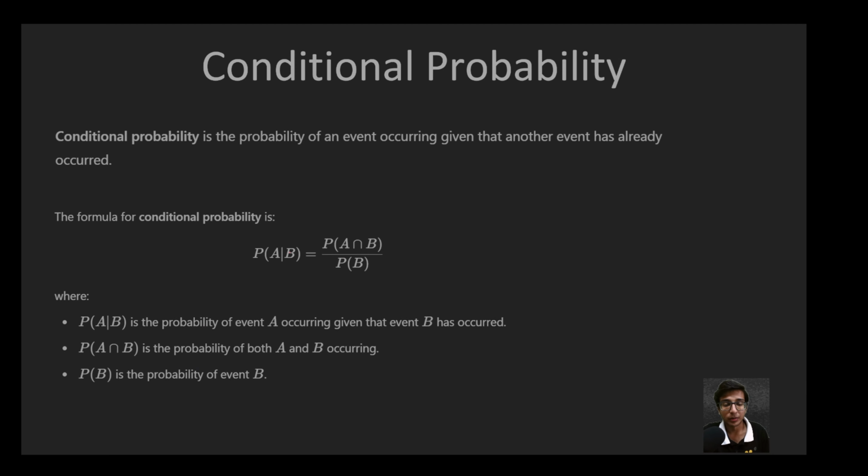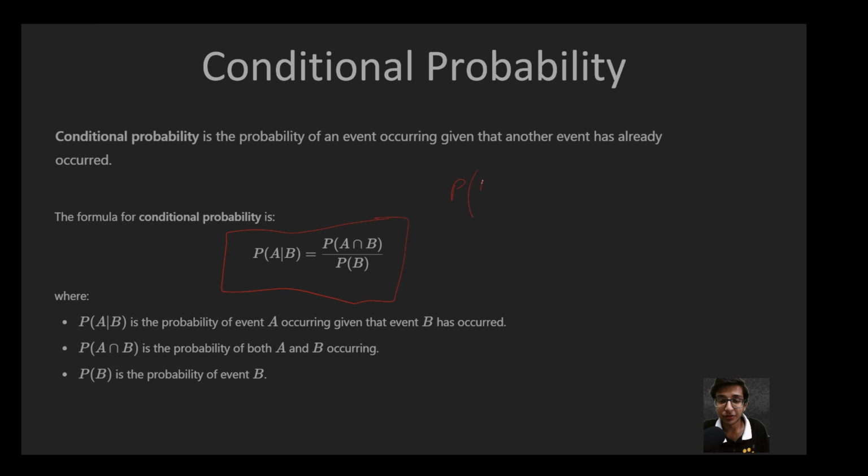Now conditional probability. Conditional probability means the probability of an event occurring given that another event has already occurred. Let us look at the formula here. This is the formula of conditional probability.